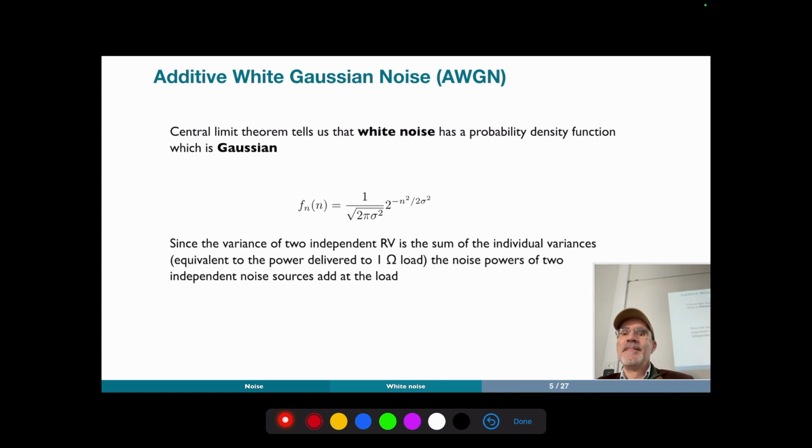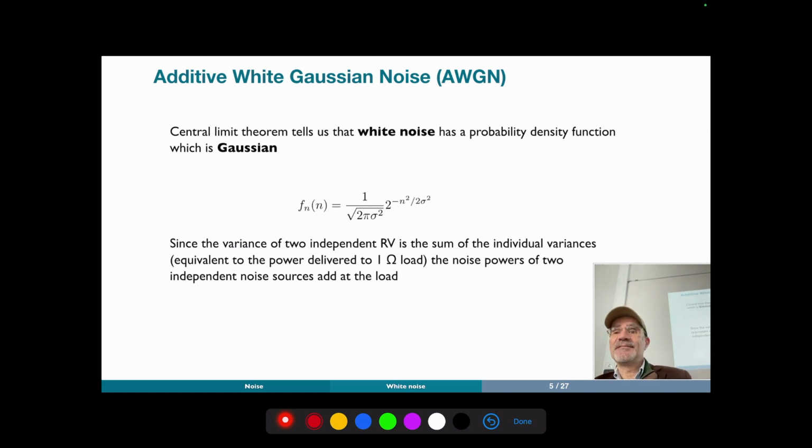And according to the central limit theorem, white noise has a probability density function which is Gaussian. Do you know why? You know what the central limit theorem says? I don't remember.